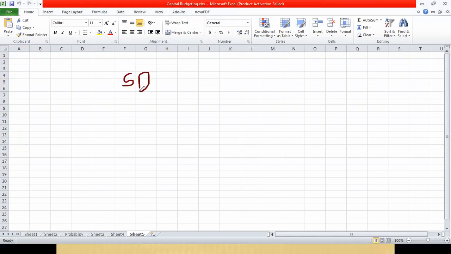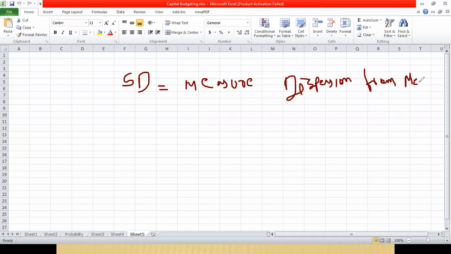Standard deviation is a measure of dispersion. It is a measure of dispersion from what? From the mean value. See, mean means average.